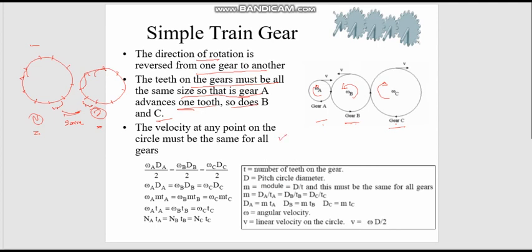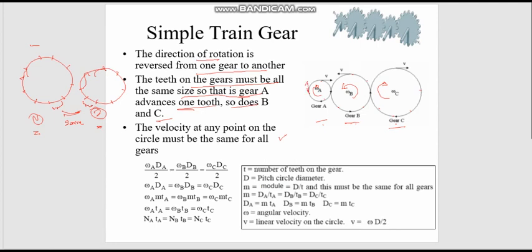And it's stated here that the velocity at any point on the pitch circle must be the same for all gears. So if you take any point on the gear system that's meshed together, at any given point, the magnitude of the velocity must be the same.